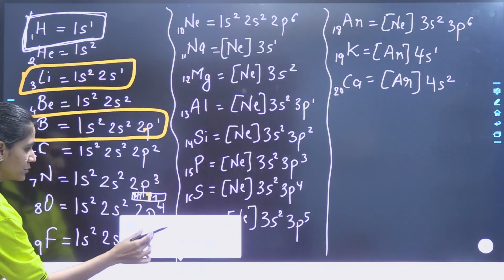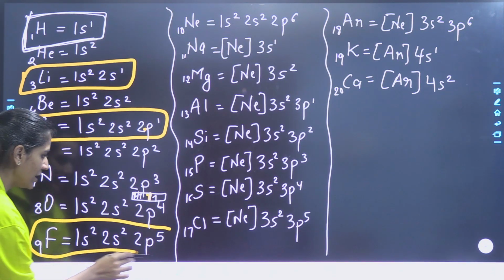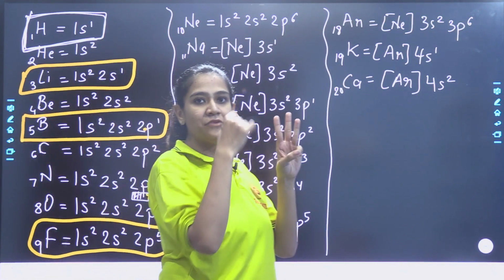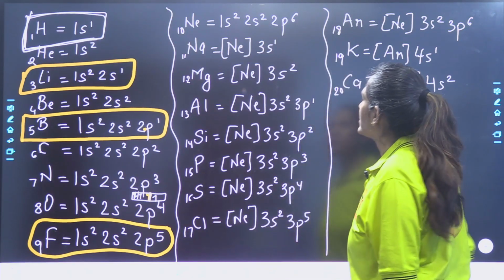Here again we have 1 unpaired electron, 2p5: 1, 2, 3, then again 4, 5, then just 1. We have 1 unpaired electron there.